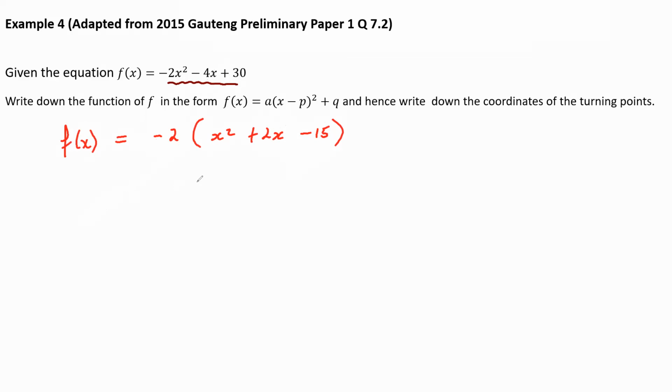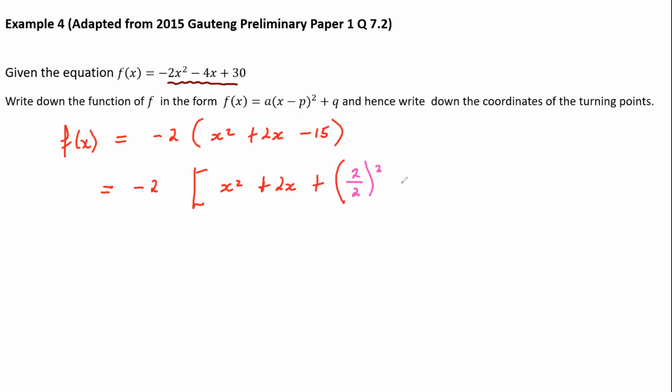I have factored out the coefficient of x squared because I need to deal with my equation when the coefficient of x squared is 1. We do the normal. -2 on the outside, and this becomes x squared plus 2x plus who? The coefficient of x, which in this case is 2, divided by 2, squared. And then there's a minus 15 plus who? Plus the coefficient of x, 2 over 2, squared.